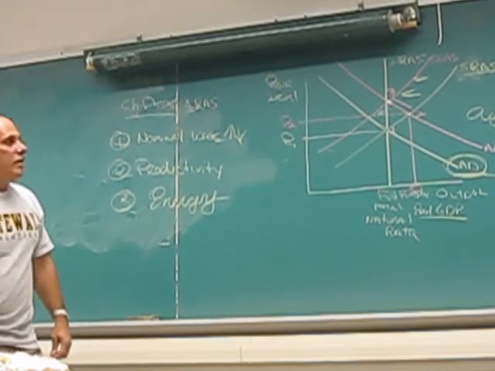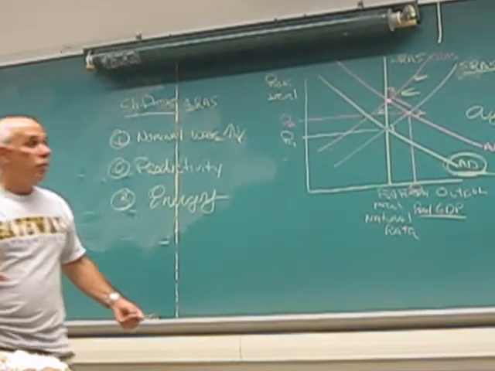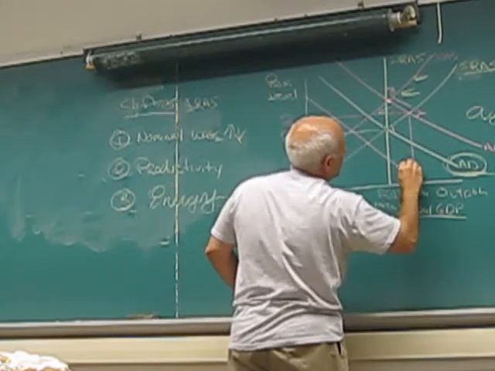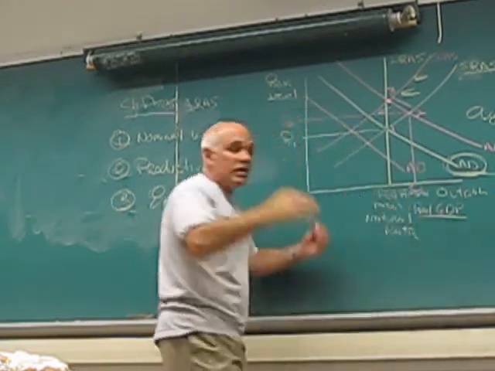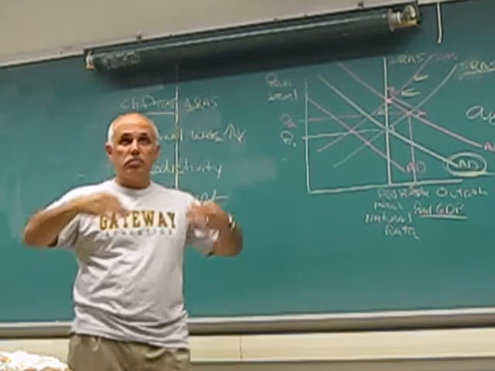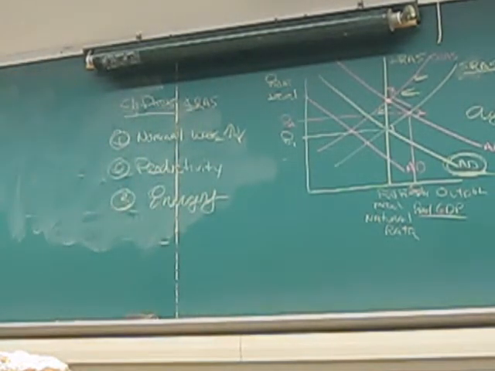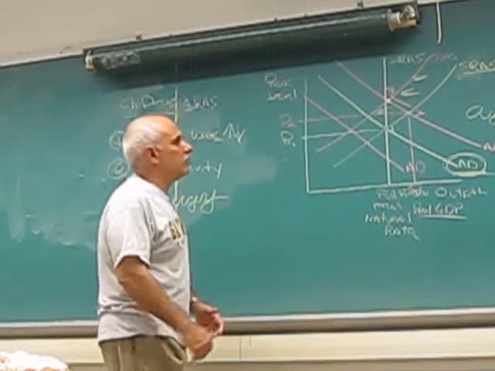Now, the other scenario that we said is, well, what about if aggregate demand goes down? That's what currently occurred. Aggregate demand went down as a result of the bank meltdown. People lost confidence, businesses couldn't get money, and all kinds of bad things happened with banking and the real estate market.